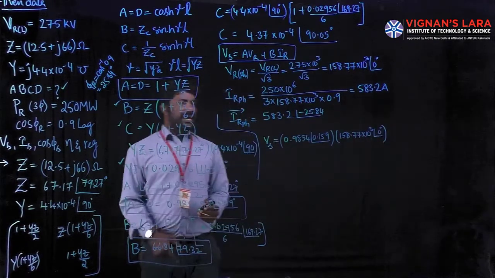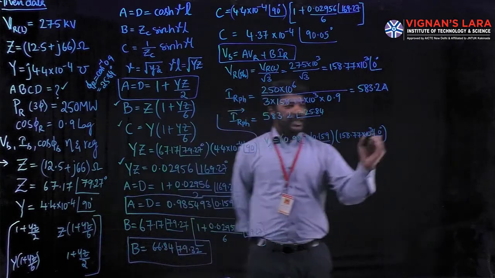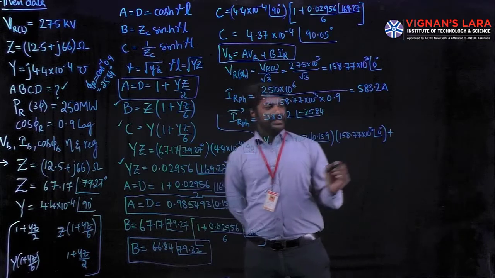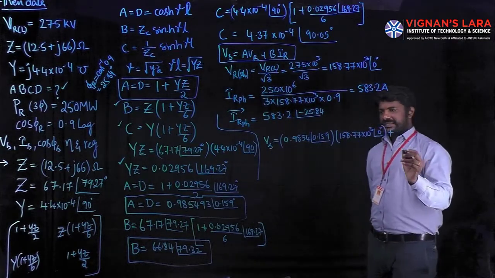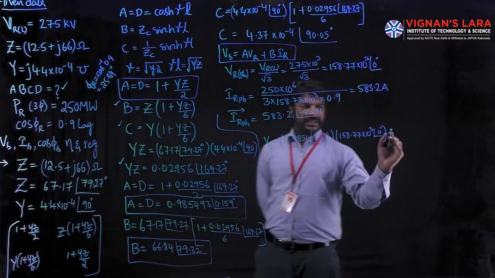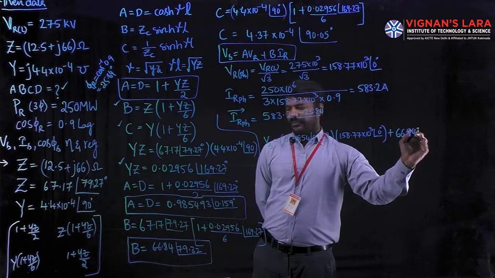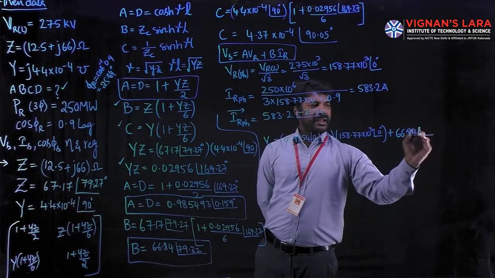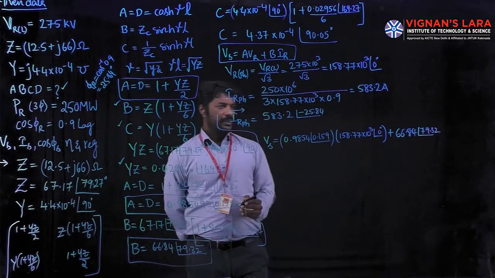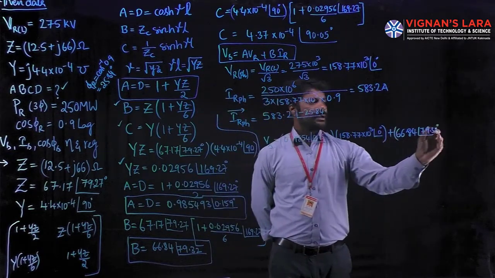This is AVR plus BIR. What is BIR? Plus B constant. The B constant is 66.84, so you can write this as 66.84 magnitude B at an angle 79.32, B into IR. What is IR?